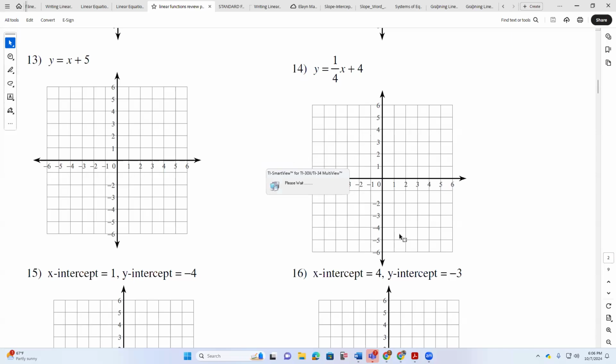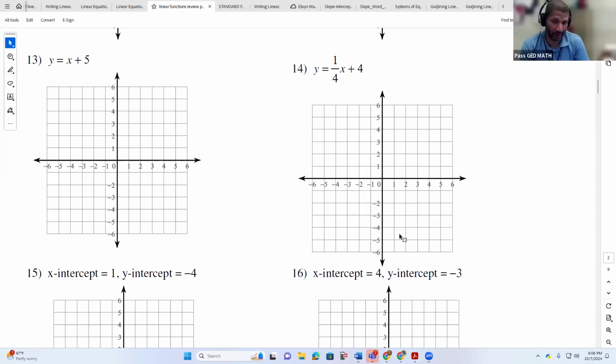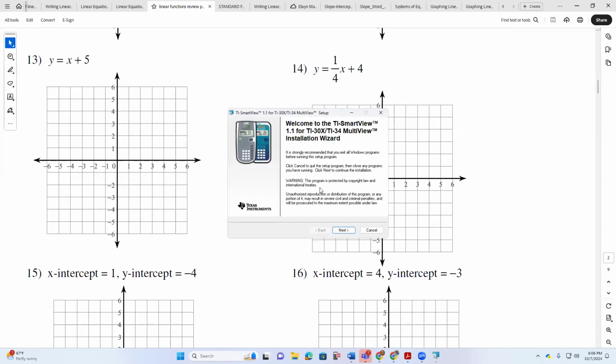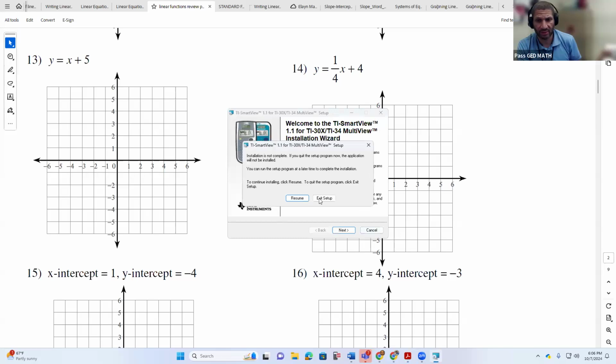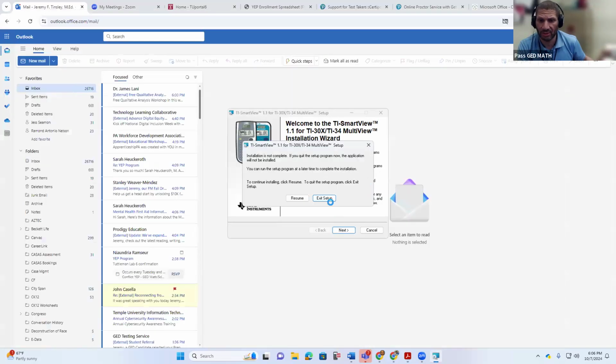Yes. So you won't have to graph on the GED. What they will do is they'll show you graphs and you got to pick the equation. So what we'll do is I'm gonna show you how to graph. Oops, that's not what I wanted. Just trying to install it.